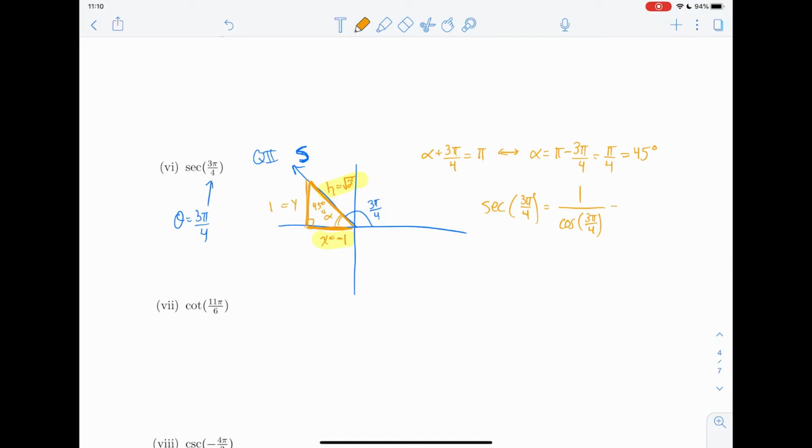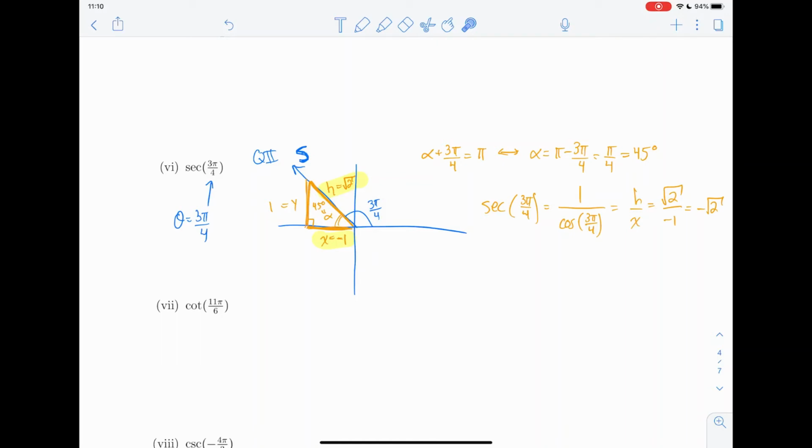And so this would end up being h over x, which in this case is the square root of 2 over negative 1, which is the negative square root of 2. And so we recognize that the answer at the end of the day was negative, which matches the fact that only sine was supposed to be positive, and therefore the secant and the cosine were negative.